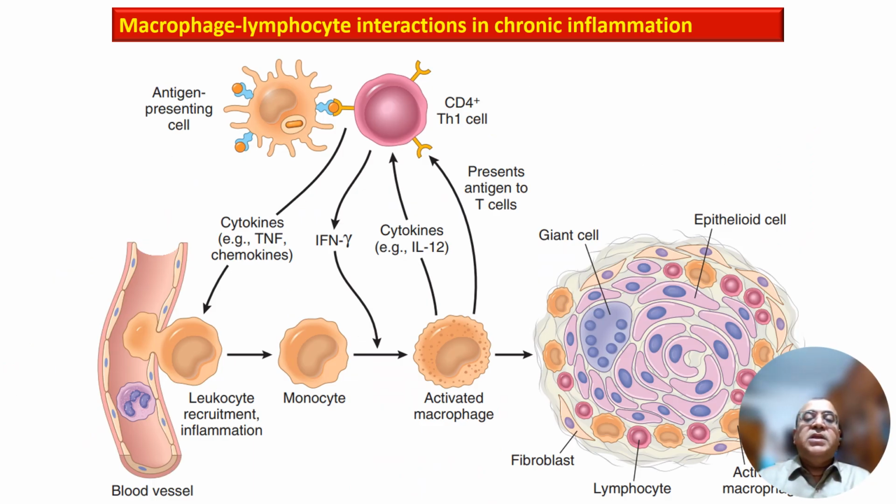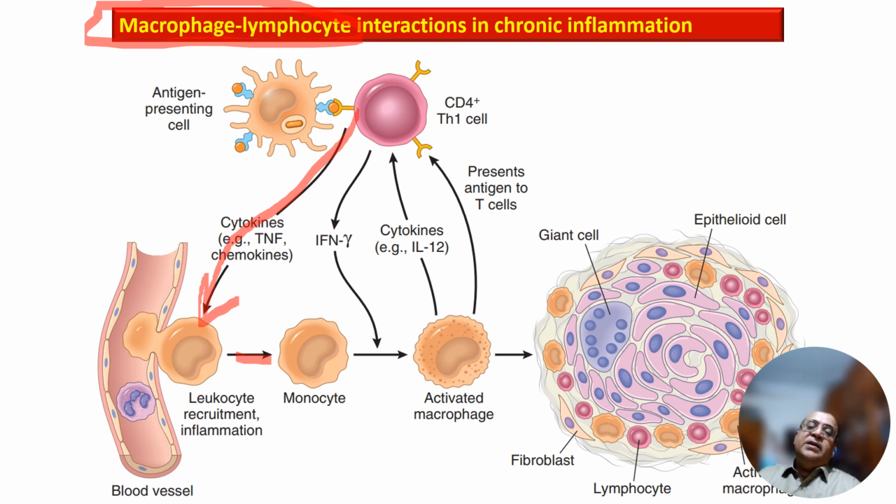This illustration is showing the macrophage lymphocyte interaction that is bidirectional and co-stimulatory. The activated T lymphocytes secrete cytokines such as TNF and chemokines that recruit leukocytes and monocytes from the circulation.